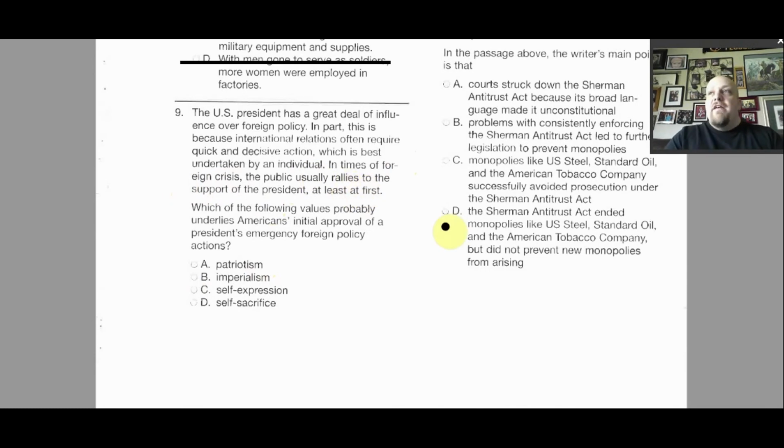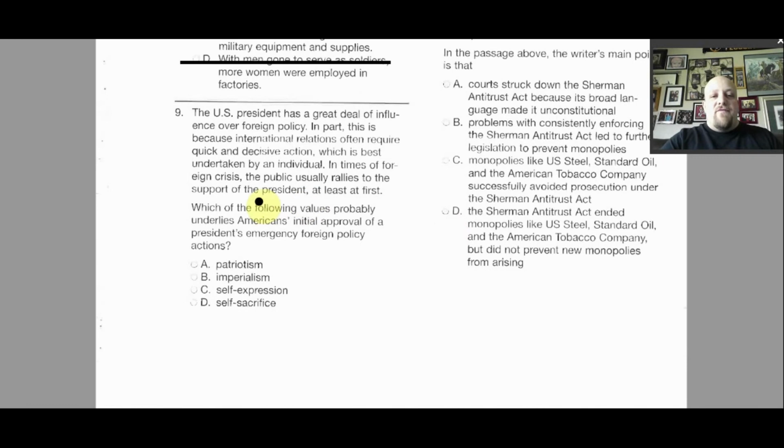They're saying that if you have a group of people trying to do something, it's one of those too many cooks in the kitchen kind of things, and people get lost and fight among themselves, whereas one person can decide quickly and decisively, this is the answer we need to do. So that's why the president has a great deal of influence over foreign policy and doesn't necessarily have to ask other people about it.